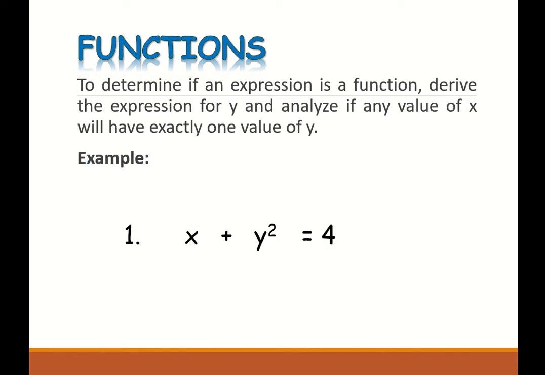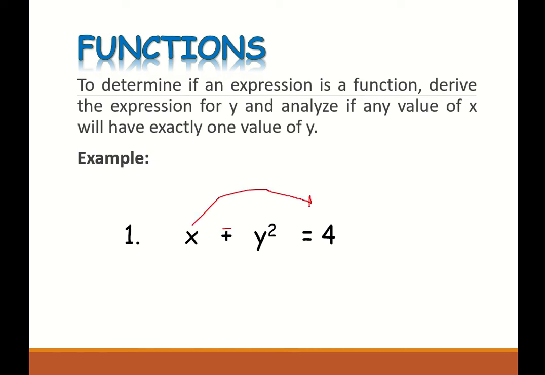So for example, example number 1, we have x plus y squared equals 4. Okay, so express y in terms of x. You can transpose this to the other side.